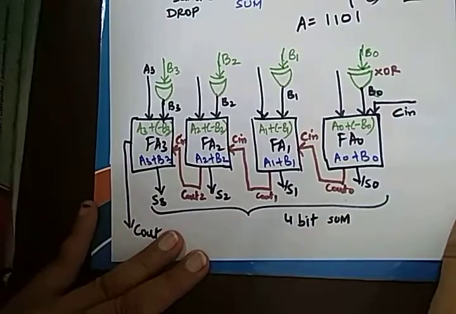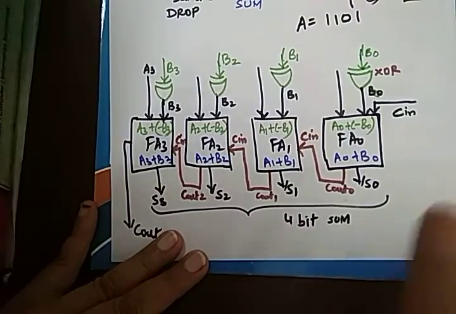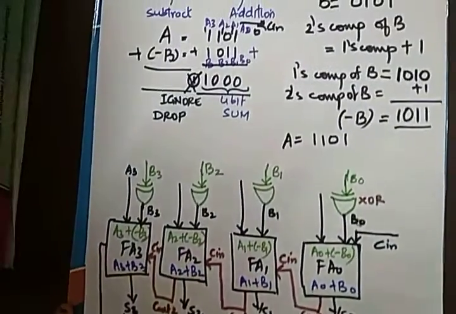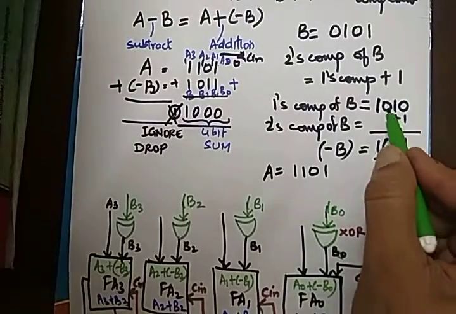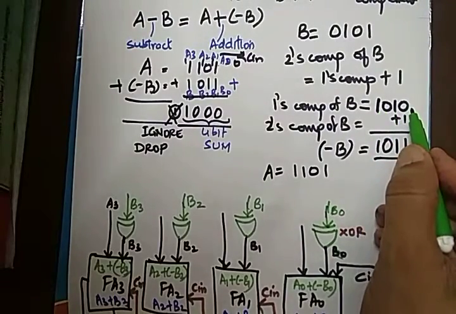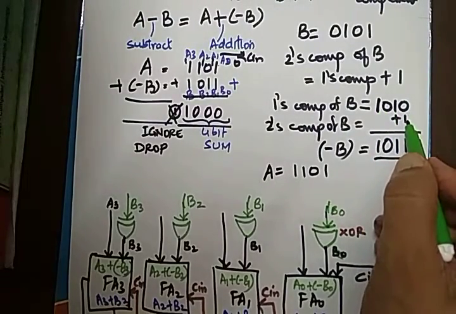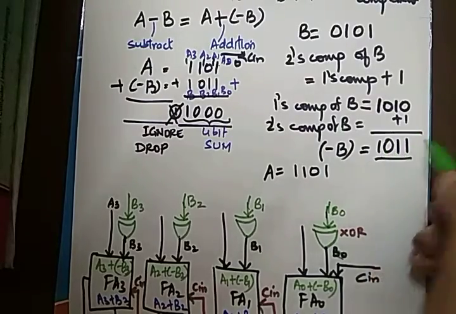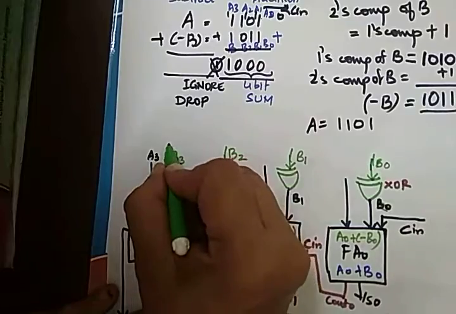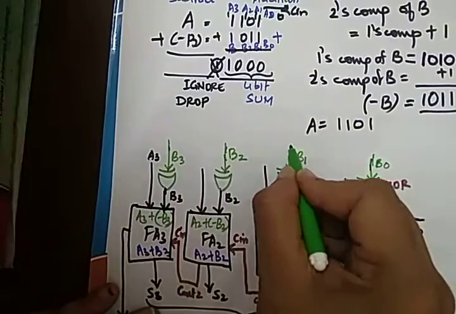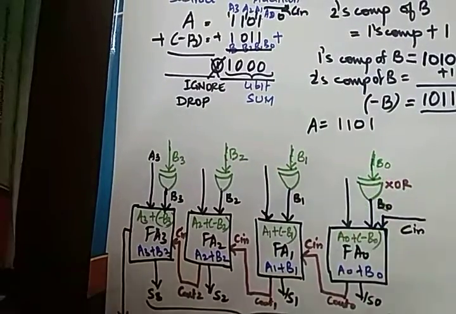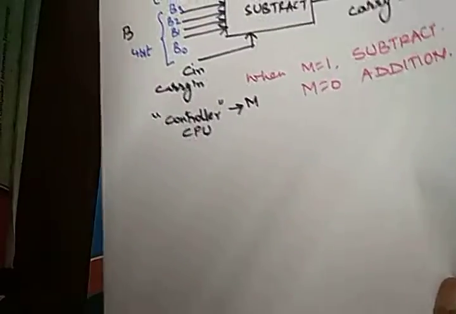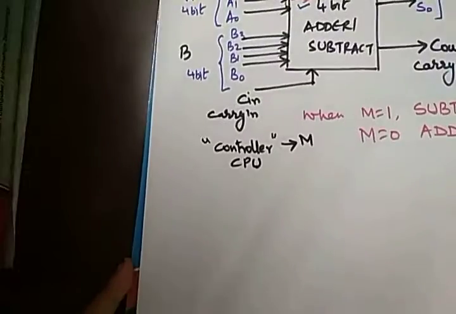From where do you get the minus B? Remember that the minus B was obtained by first taking the 1's complement of B, adding another 1, which gives you the 2's complement of B. Before we complete this circuit, we will have to see the role of this XOR gate.